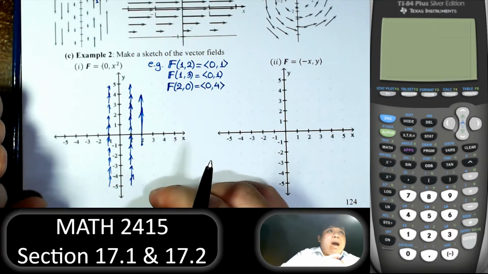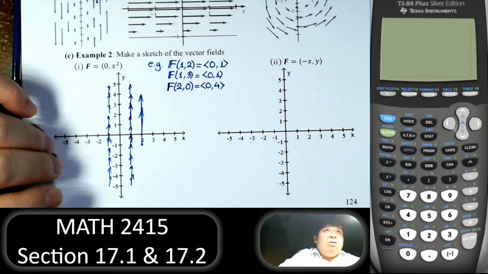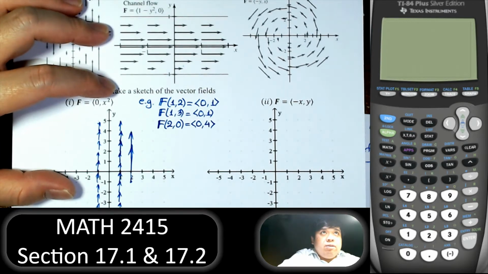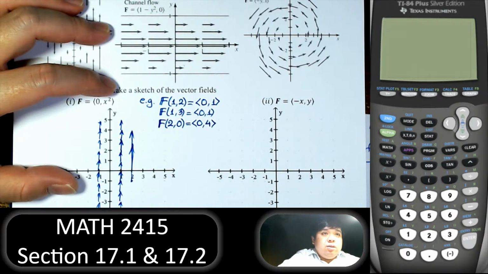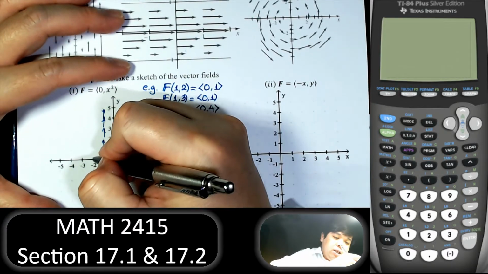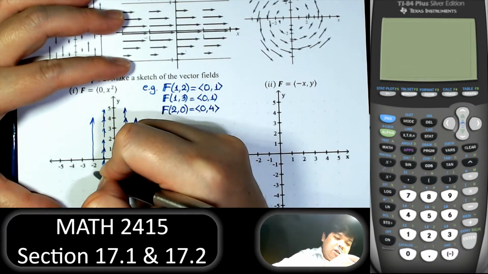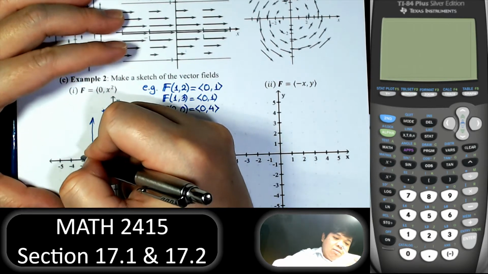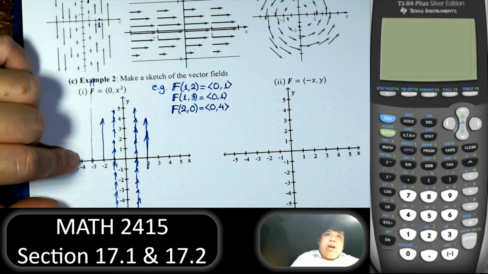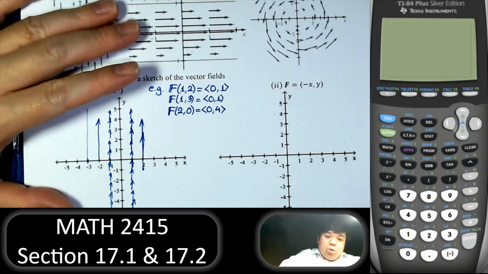Sometimes we have to scale it back to have a better picture of the field. Of course, we can plot more points, and then this is even longer. But that's the idea. For each point, there's a vector, and we draw the vector from that point.